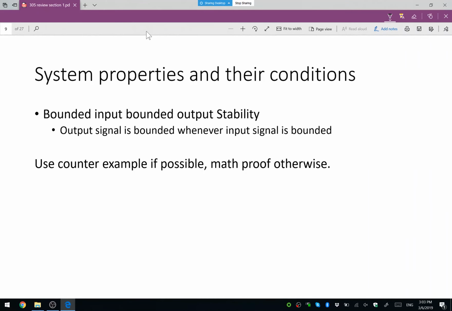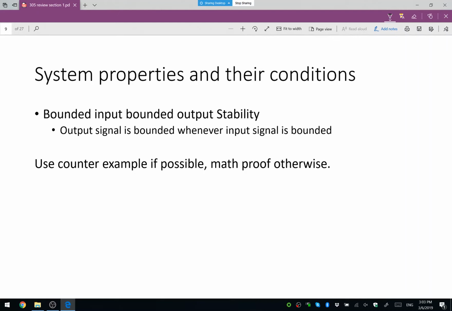The next property is not a very official definition, because we're going to talk about stability later when we come to the Laplace transformation. But here we just see bounded input, bounded output stability. So here also we try to find a counterexample first, and if we cannot find one, we go to the math proof.